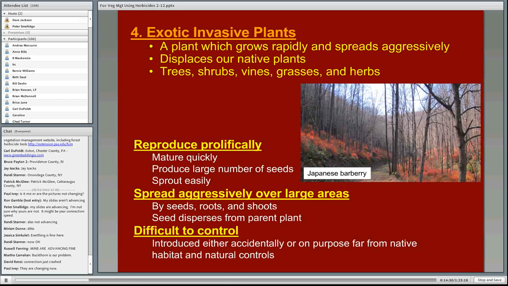They spread aggressively over large areas by seeds, roots, and shoots, and their seeds are easily dispersed from the parent plants, and most of them that I'm dealing with are spread by birds, for that matter. Some are wind dispersed, some are water dispersed. They're very difficult to control. They were introduced either accidentally or on purpose.